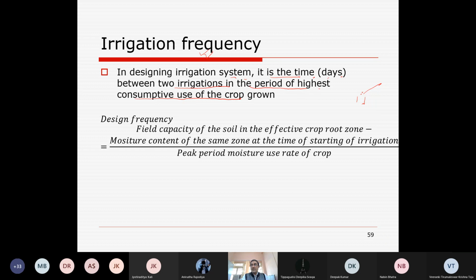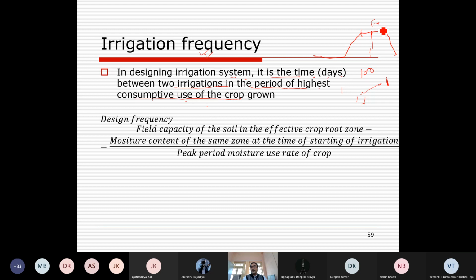Suppose, for example, you have a crop period of say 100 days. You have seen Kc varying from minimum, increasing to constant, and then decreasing. So where should we use this frequency? The period of highest consumptive use, this is the maximum water it is using at full maturity.